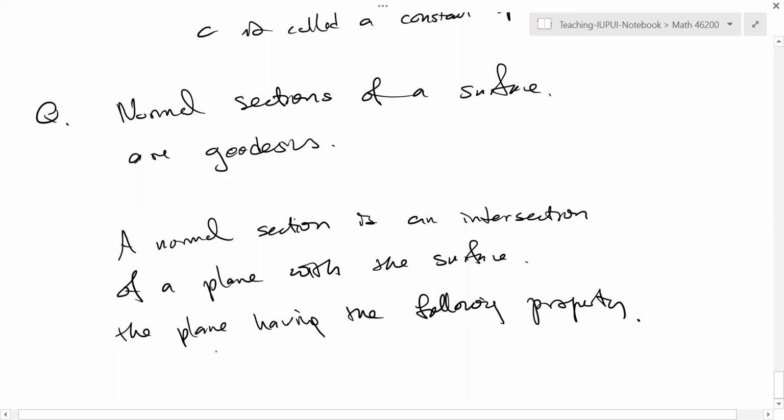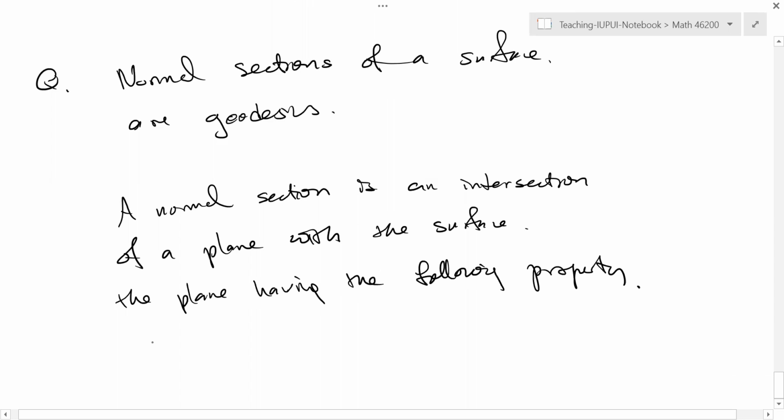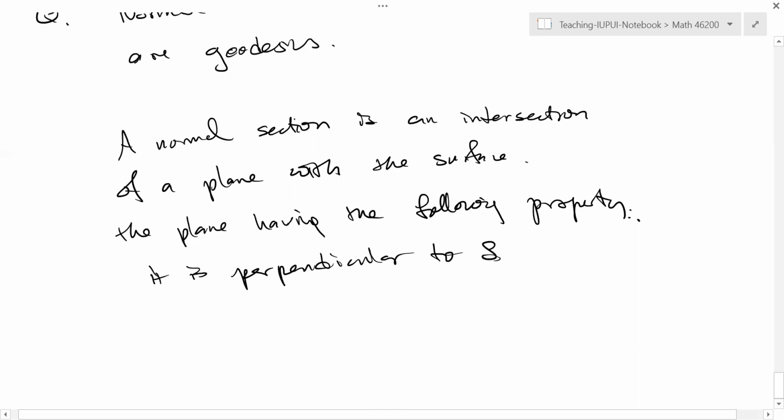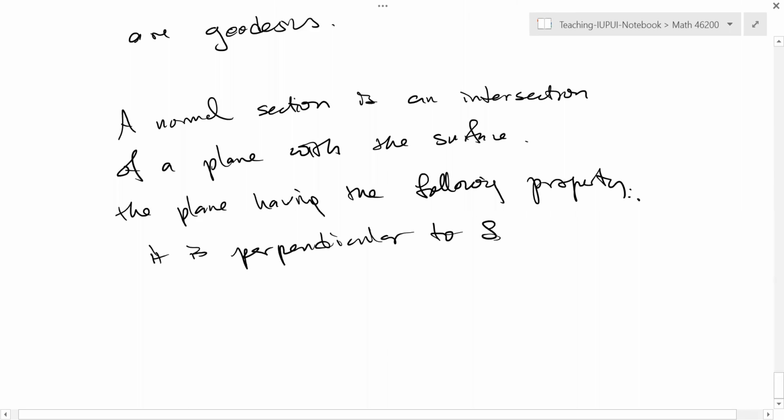It is perpendicular to the surface at every point, at every intersection point. Not every plane has this property.